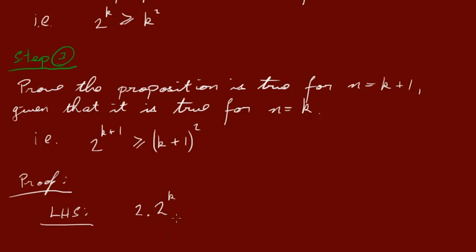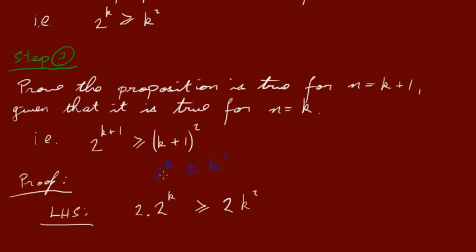Now, 2 times 2 to the power of k should be greater than or equal to 2 times k squared. Why is that? Because our assumption here, if you look at our assumption here, 2 to the power of k is greater than or equal to k squared.